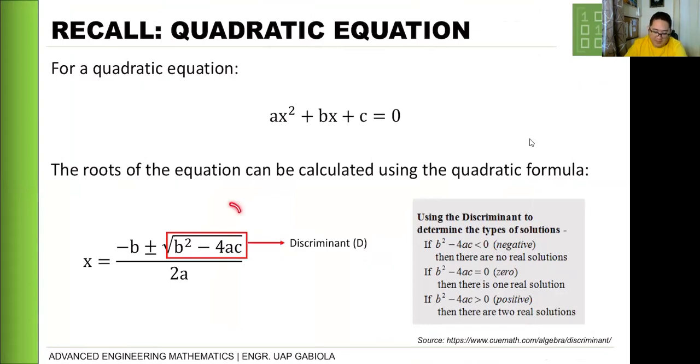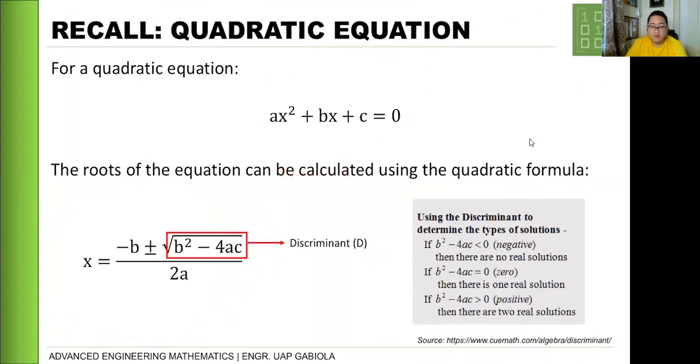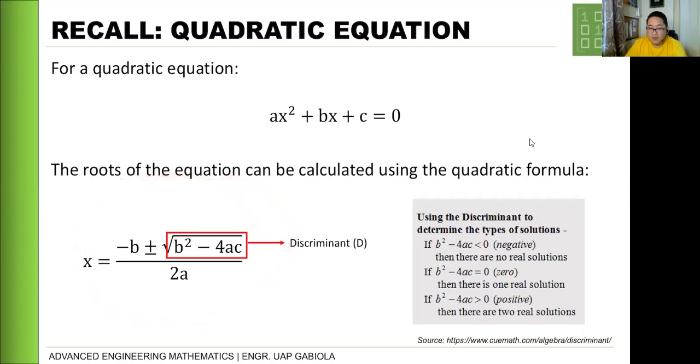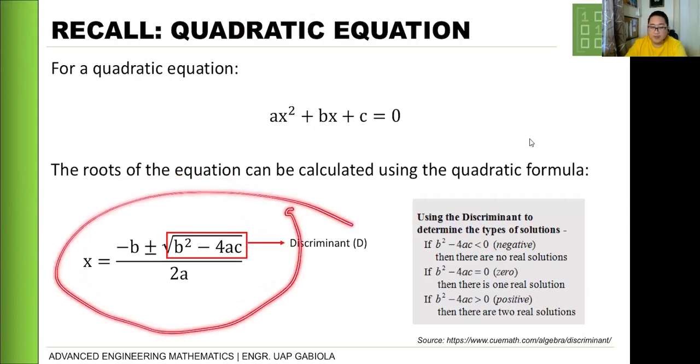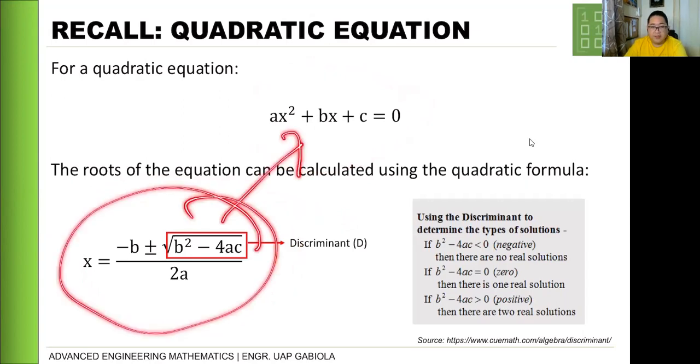And si quadratic formula na yan is ginagamit din nanggaling din yan dito, no? So when we try to divide all of our terms by a, halimbawa, we will arrive with the same formula. So you can search out the internet na lang how the quadratic equation is derived based from the standard formula, but this formula is also a product of this one.